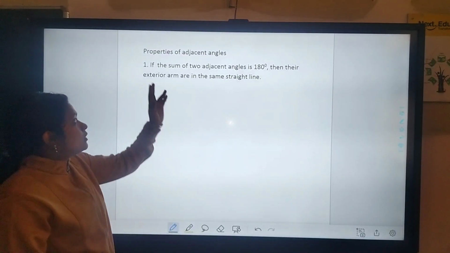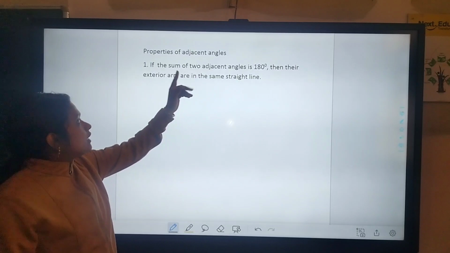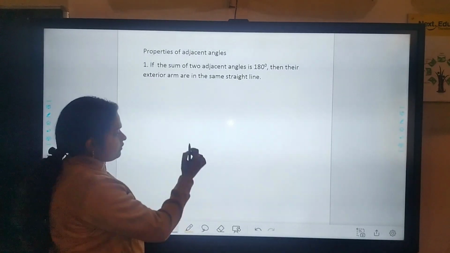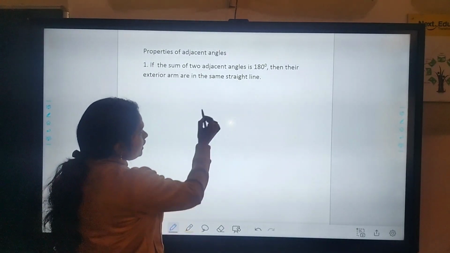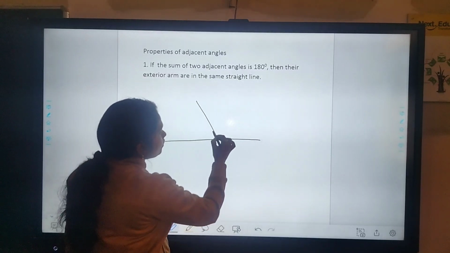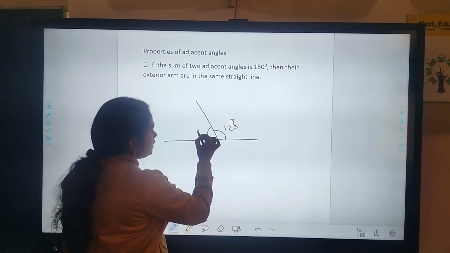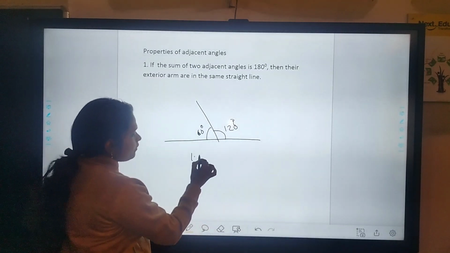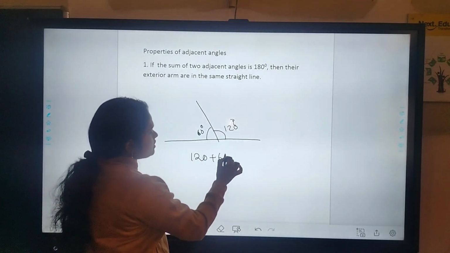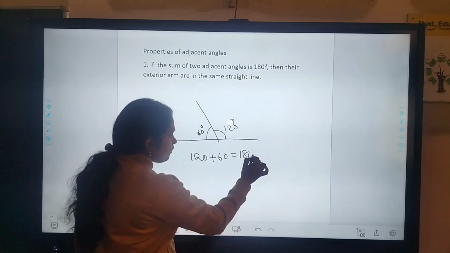Now we are discussing the property of adjacent angles. So what do we mean by the property of adjacent angles? If you take these two angles, 120 and 60, the sum of 120 plus 60 is 180.